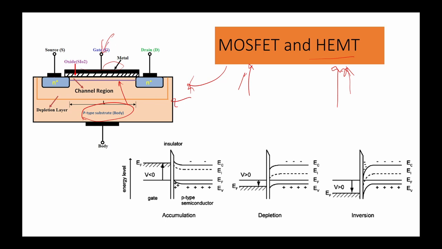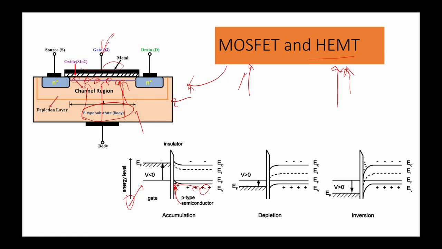At this junction, bands are bent such that charges are accumulated, because as we apply a negative voltage, the positive holes are attracted towards the junction. So there will be an accumulation of holes. We call it accumulation because this is a p type substrate.